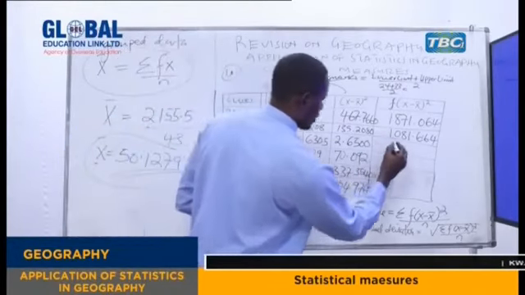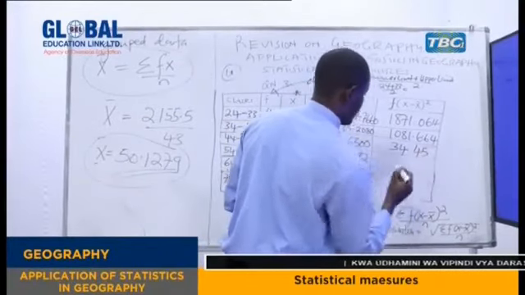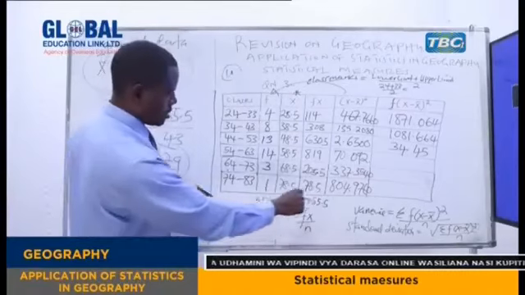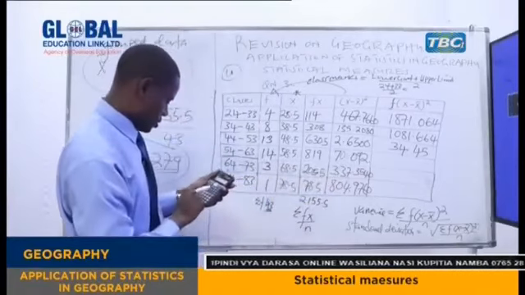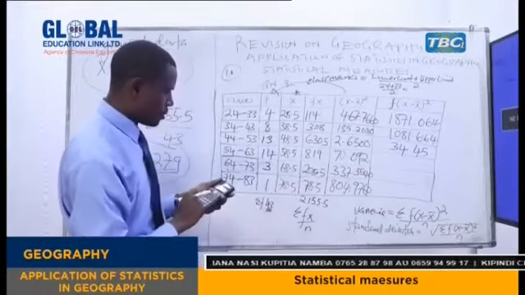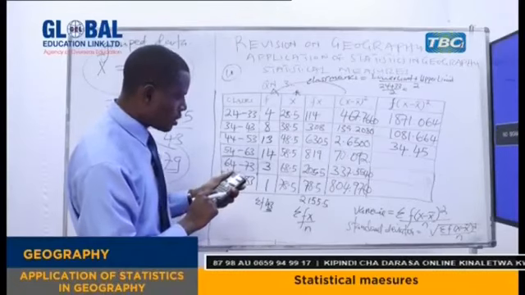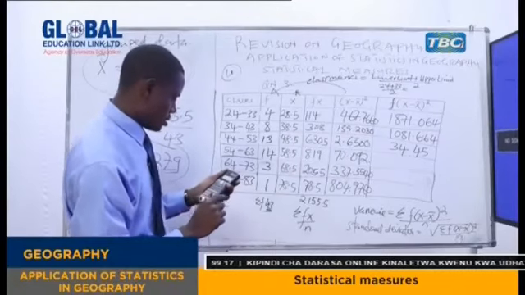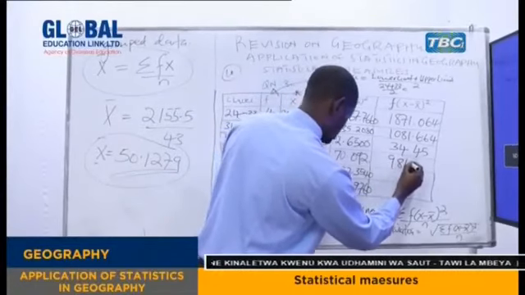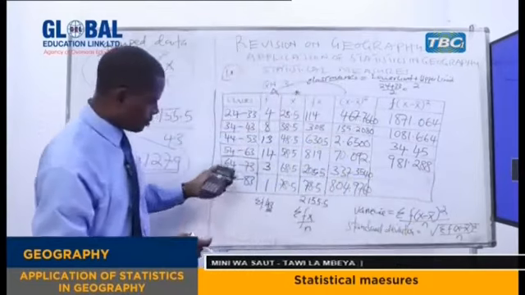Then we come up with 34.45. The next one, that is 14 times 7.092, then we get 99.288. Then you go for the next column.